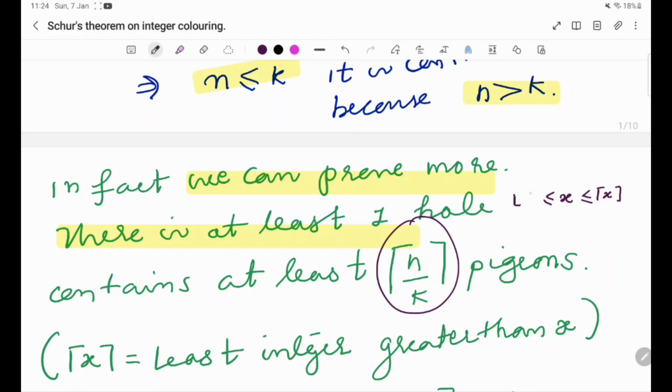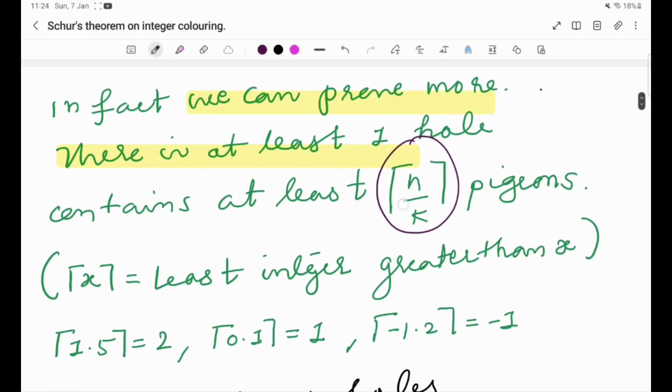So what I can say is that if there are n pigeons and k holes such that n ≥ k, then there is at least one hole that contains ceiling of n by k pigeons.